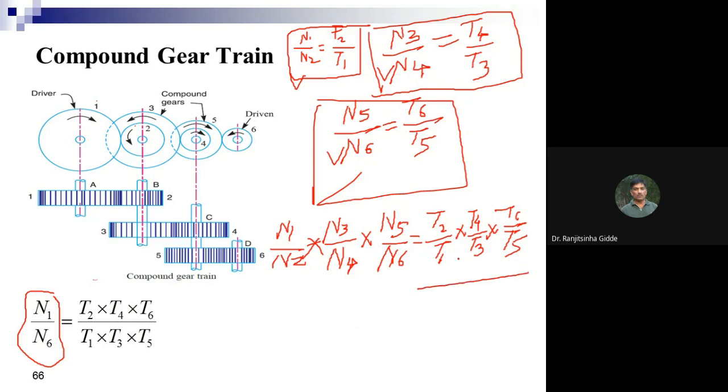This one is the right hand side. So right hand side we got.